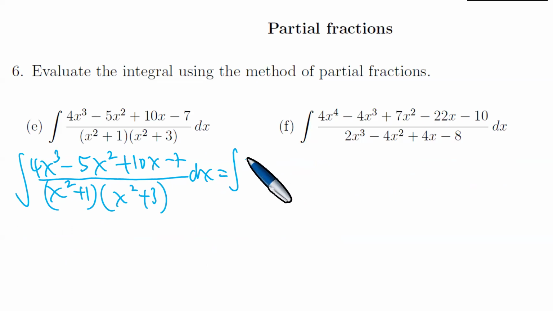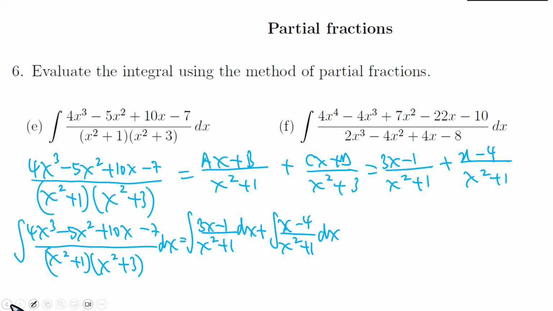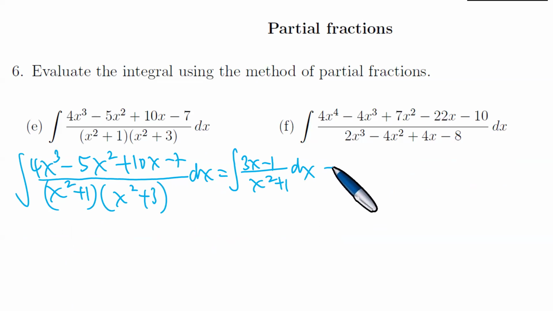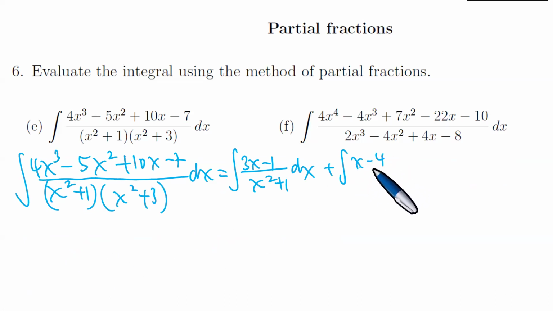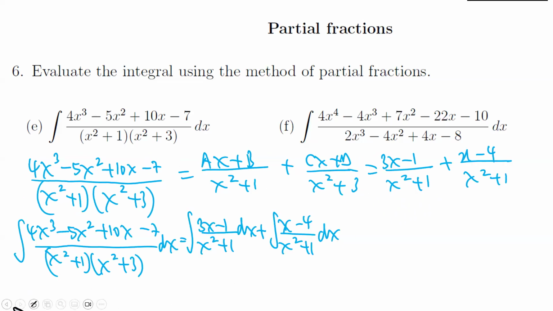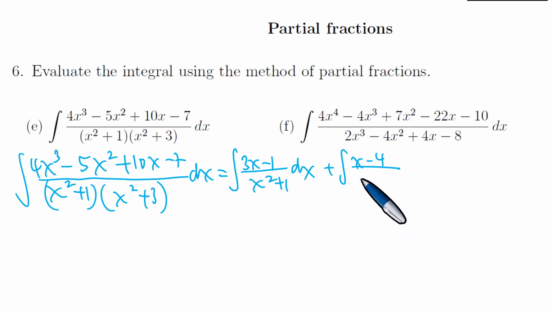Which is 3x, okay, which is x minus 4 over x squared plus 1 dx.